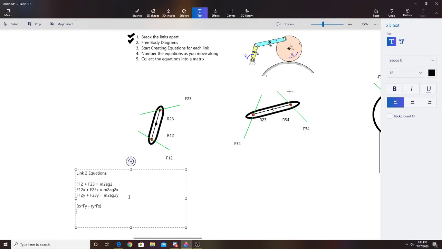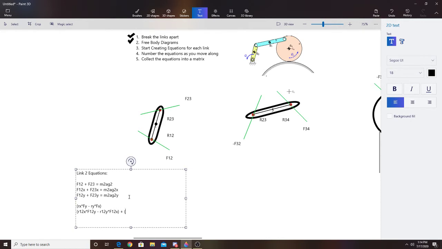So what we do is we plug this exact thing in, and we do r12x times f12y minus r12y times f12x. And then parenthesis this off. Although once again I forgot the q at the beginning, but that's okay. We can do that later.